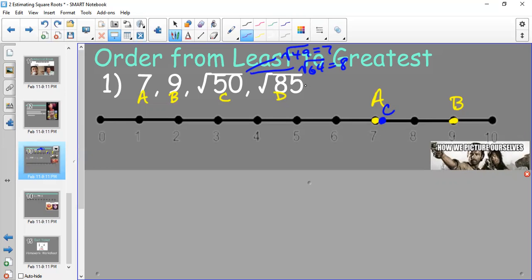Okay, letter D. If we find the two square roots it's in between, it's very close to 81, which was 9, and 100, which would be 10, but it's really close to 9 again. So square root of 85 would be just to the right of B there, and that would be letter D.